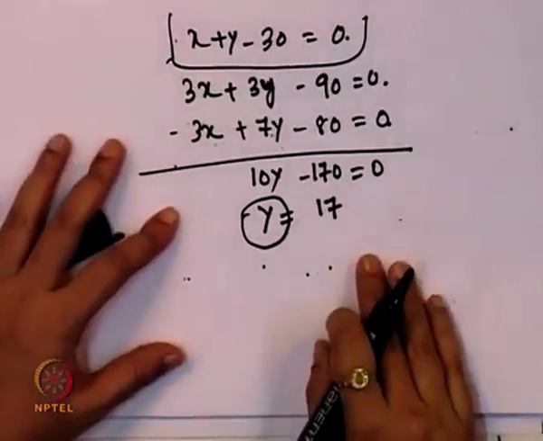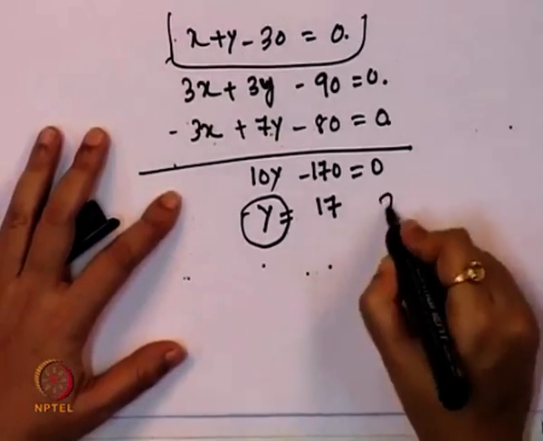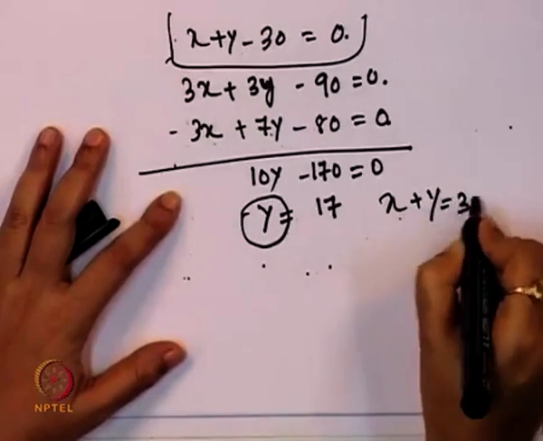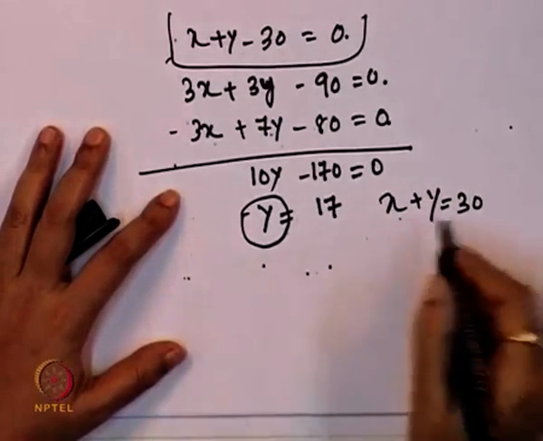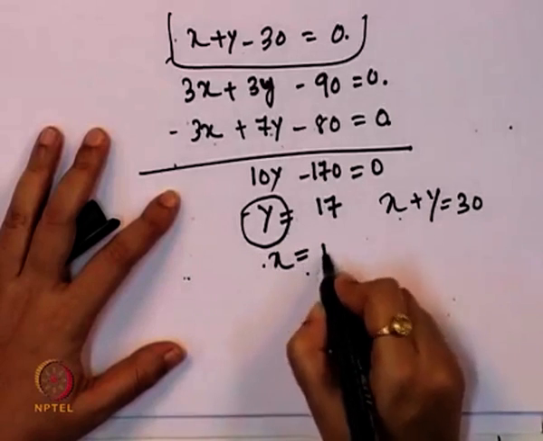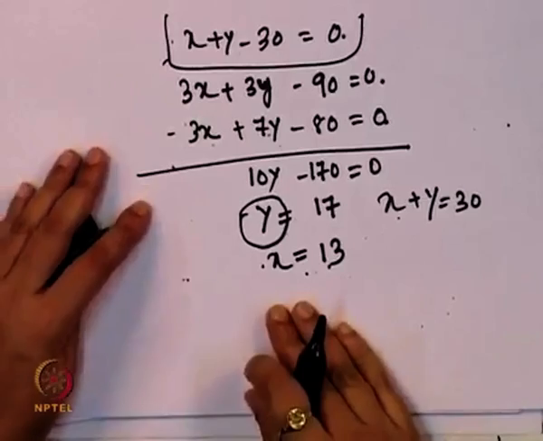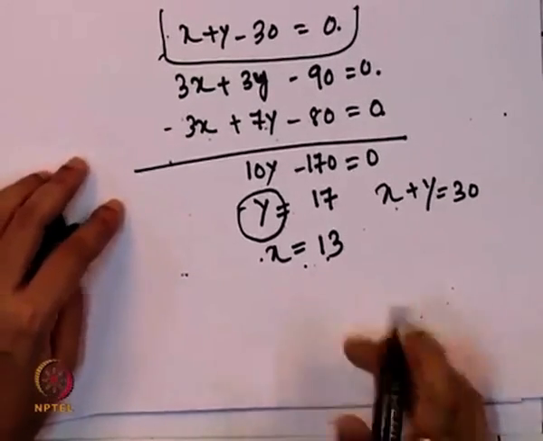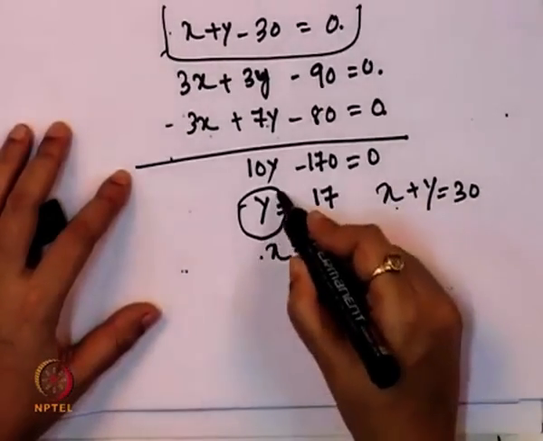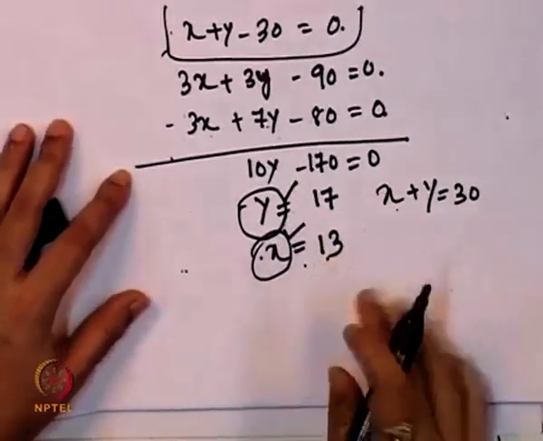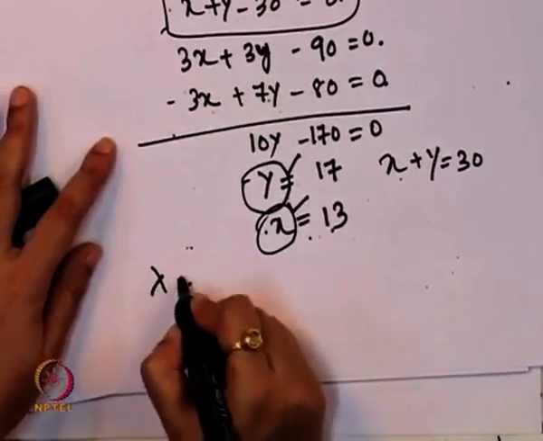Now, we can get the value of x because x + y = 30, so x is equal to 13. This is our first unknown, this is our second unknown, and our third unknown is lambda.